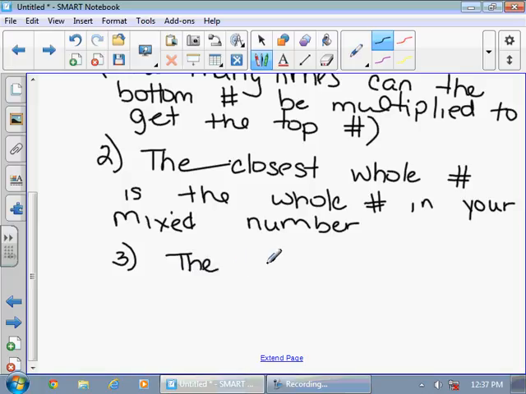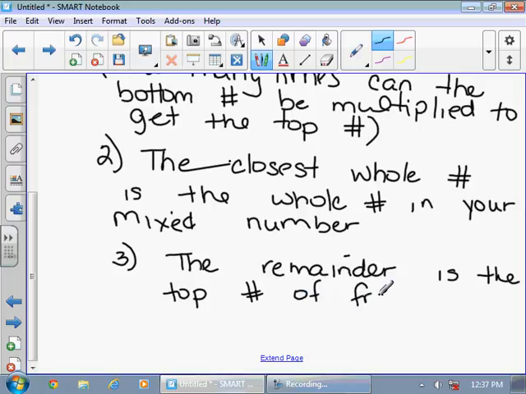The remainder, what you have left over, is the top number of your fraction. It's probably smart to write it down.